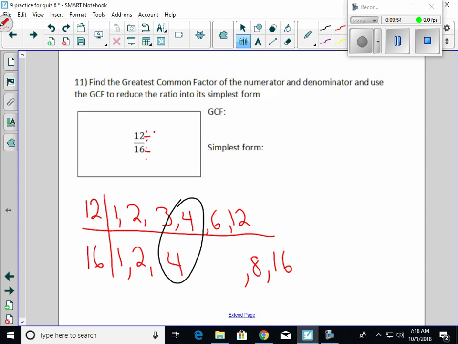Divide the numerator and denominator by 4. Our greatest common factor is 4. And when I reduce that, 12 divided by 4 is 3. And in the denominator, 16 divided by 4 is 4. So my reduced fraction, or my simplest form, is 3 over 4.